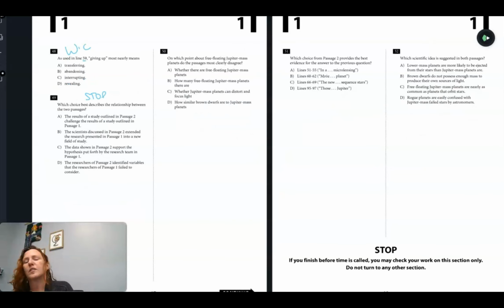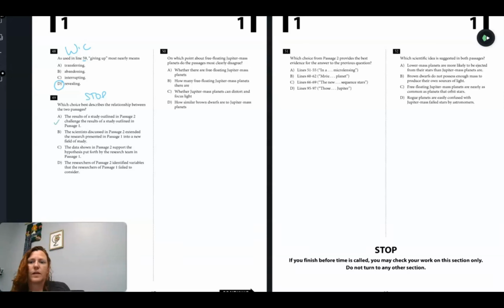Giving up. So we talked about hide and seek and showing where something is. And so showing is like revealing. All right, so we already talked about the fact that these passages kind of disagree with one another. So when we think of the relationship between them, passage 2 is going to have new information that disagrees with the findings from passage 1. So the results of a study outlined in passage 2 challenge the results of a study in passage 1.